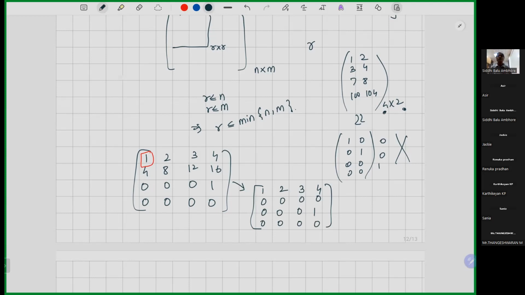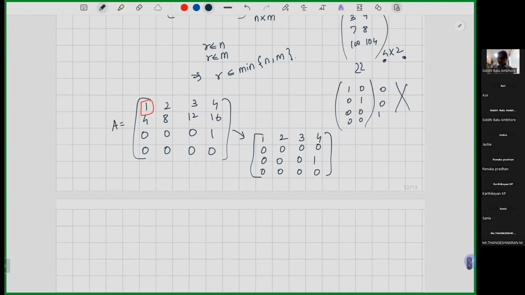And what is the rank of this matrix? The rank of this A is equal to the rank of this B, because how did we obtain B? B is just obtained by applying the row transformation R2 going to R2 minus 4R1.